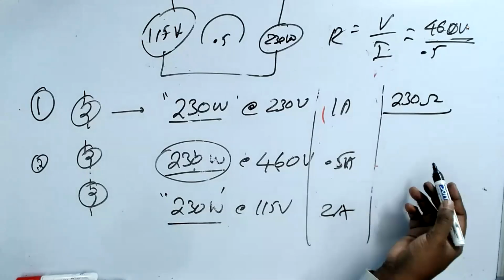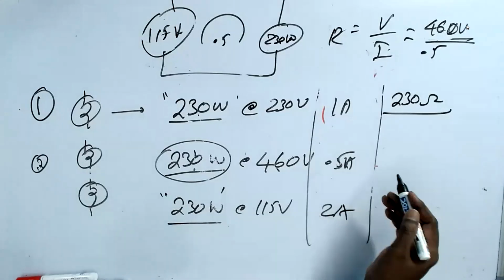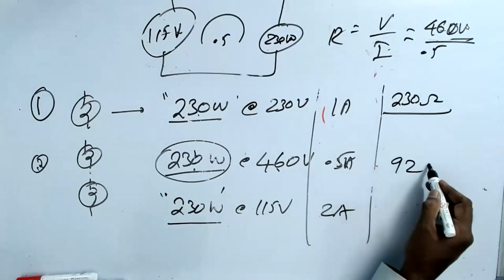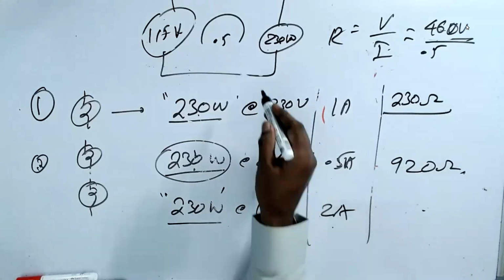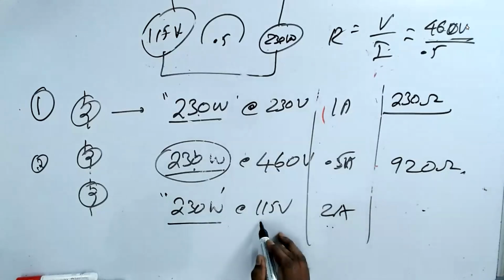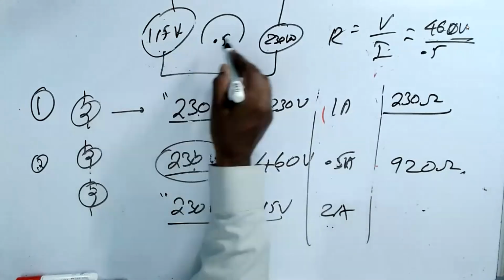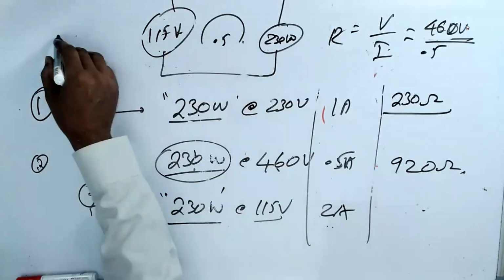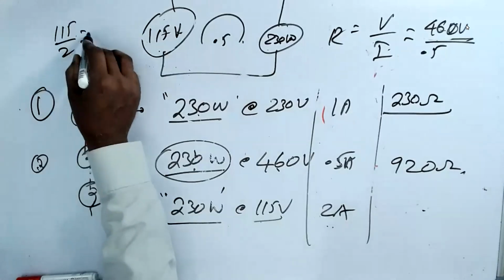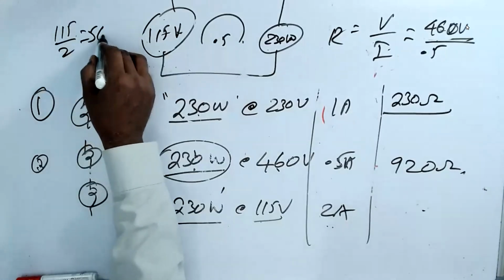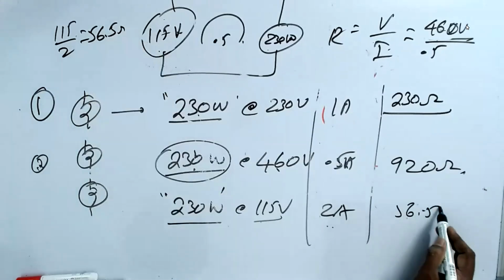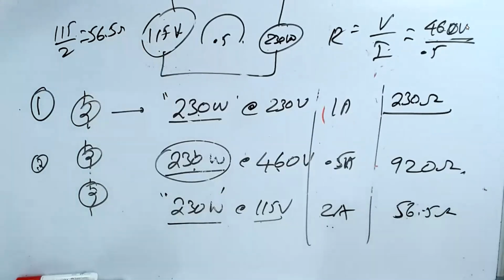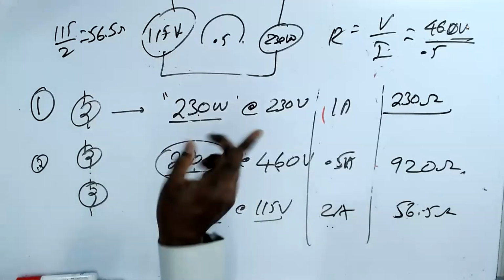So the resistor is very high. How much? 920 ohm. In this case, you are applying how much? 115 volts. So 2 ampere. So you subtract 115 volts divided by 2 is equal to 56.5 ohm. Sorry, I did some division mistake.